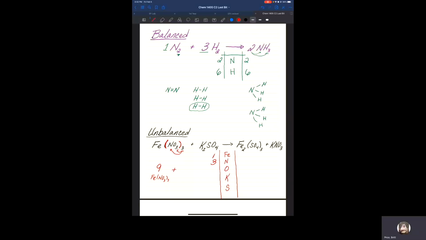So I have whatever is from the iron nitrate, and then I have what's from the K2SO4. Because I don't have any parentheses in that K2SO4, that means that there's just 4 oxygens there. That gives me 13 total. And then let's see, I have 2 potassiums, and just 1 sulfur.